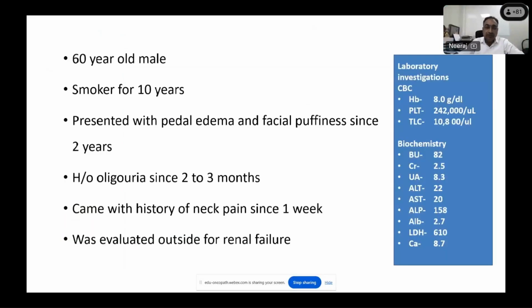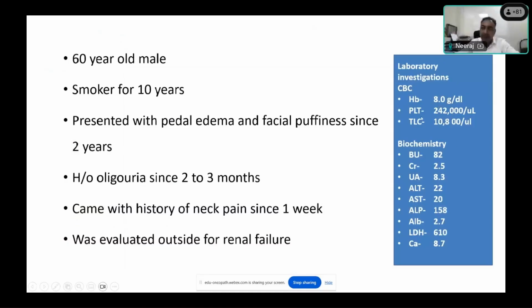So this was a 60-year-old male, a smoker for 10 years, who presented with pedal edema and facial puffiness since the last 2 years. There was a history of oliguria, and he came with a history of neck pain since 1 year and was being evaluated for renal failure. The CBC showed anemia.